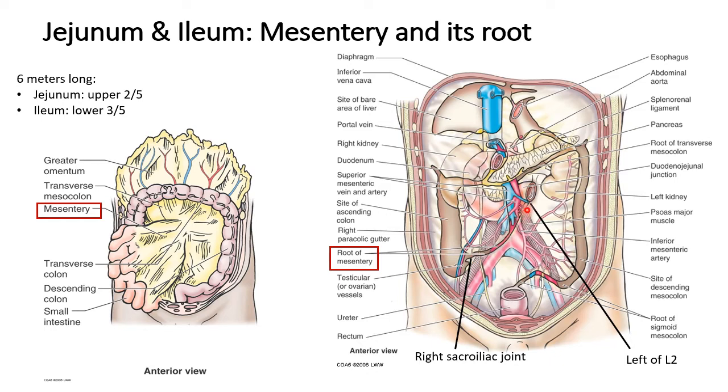As you can see, it crosses certain structures on the posterior abdominal wall. Among these structures are the superior mesenteric artery, superior mesenteric vein, abdominal aorta, the psoas major muscle, and the right ureter. So these are structures crossed by the root of the small intestine.